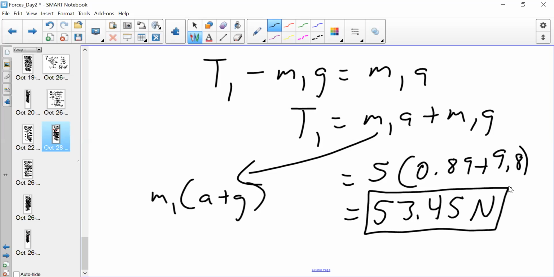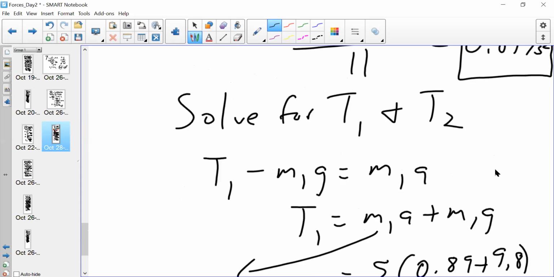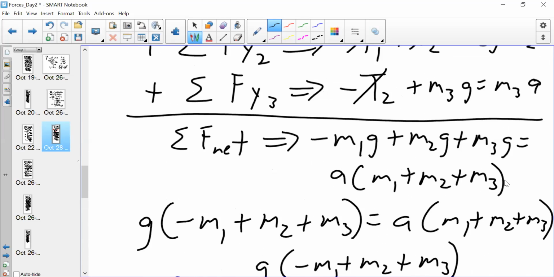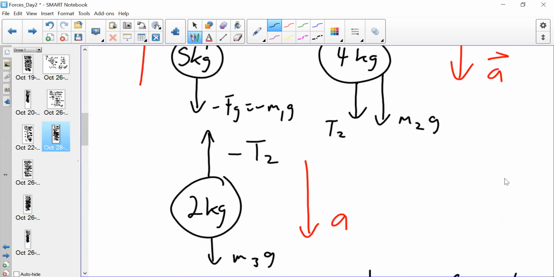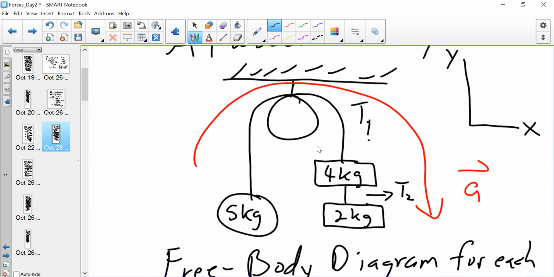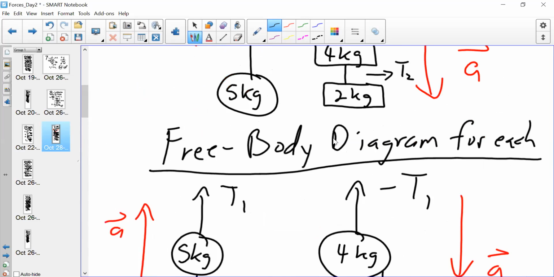So that's the tension in the string for T1. Again, T1 going up here and up here, it's going to be 53.45 both ways. It's the same string. So uniform.